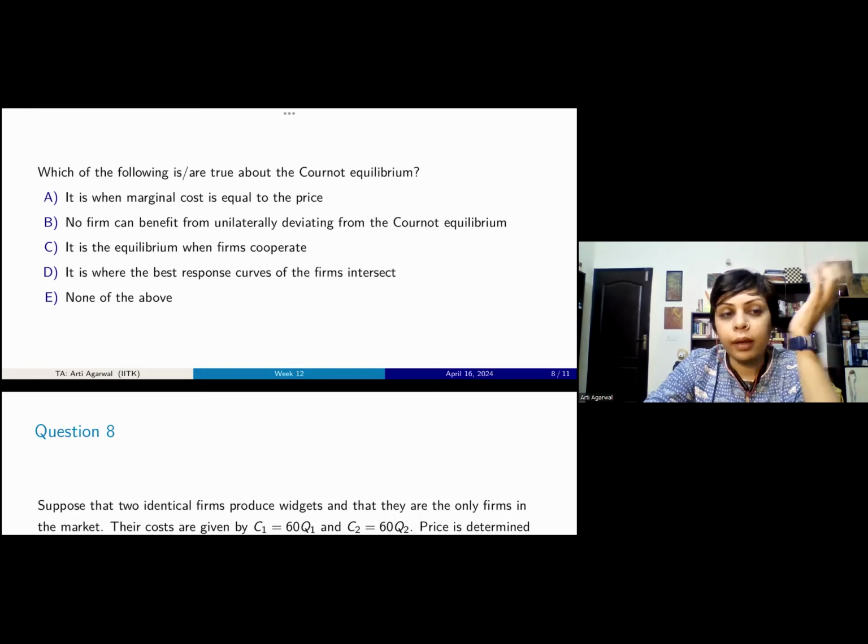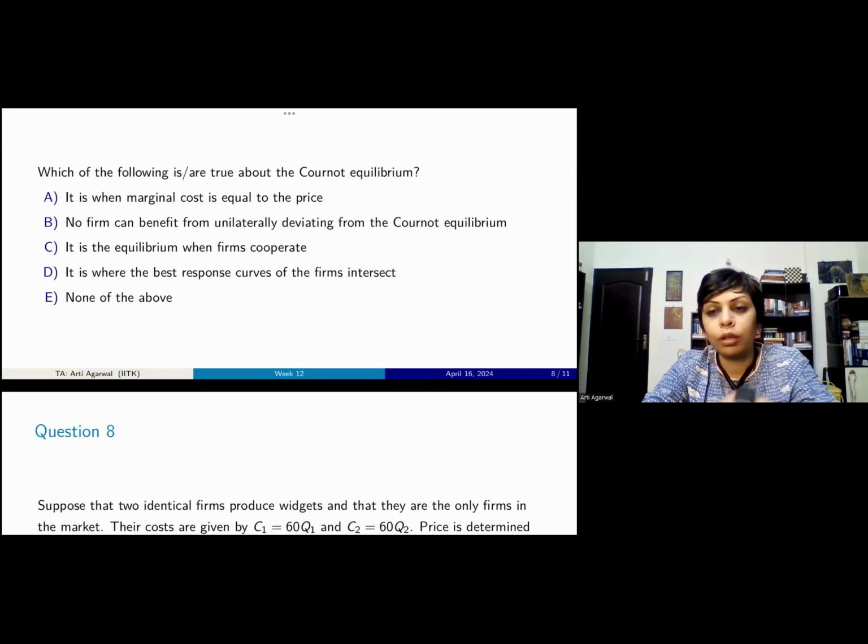So B is correct. No firm can benefit from unilaterally deviating from the Cournot equilibrium. Cournot equilibrium is the Nash equilibrium for a Cournot competition. It is the equilibrium when firms cooperate, which is not true because firms are not cooperating. They're competing.